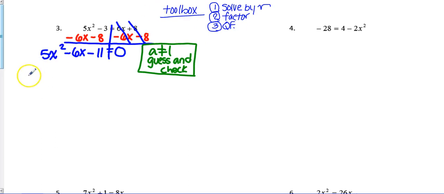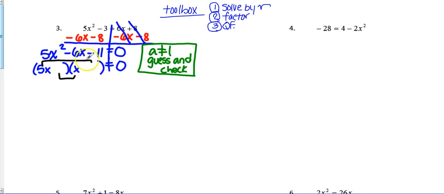That means we're going to set up our two parentheses, so 5x and x. And when I say guess and check, I'm describing that process of guess and check, outer, inner, equals middle.